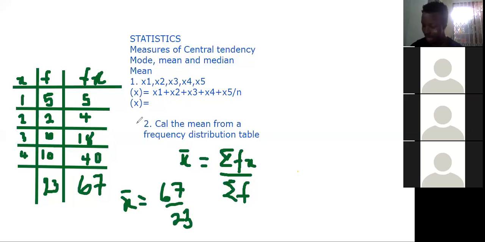Then I have 8 and 15. Then I have 9 and 10. Then I have 10 and 5.